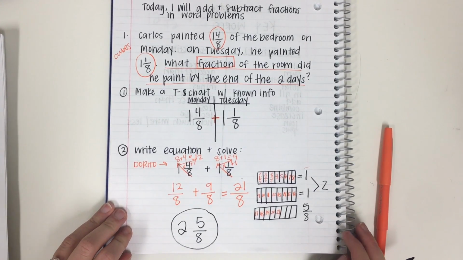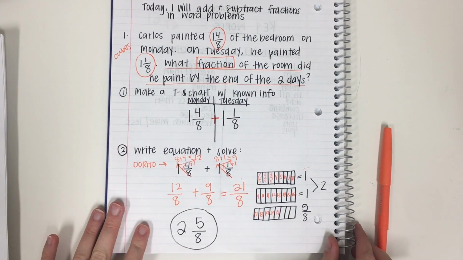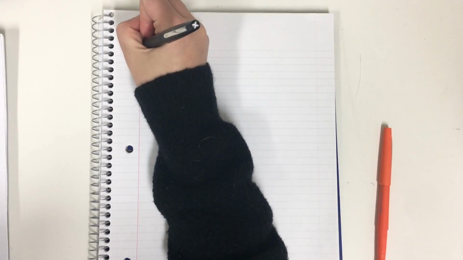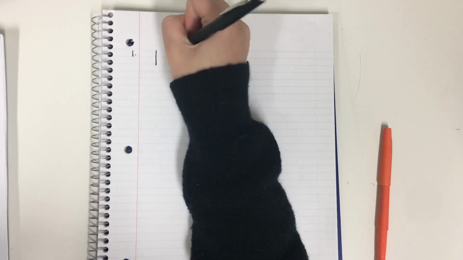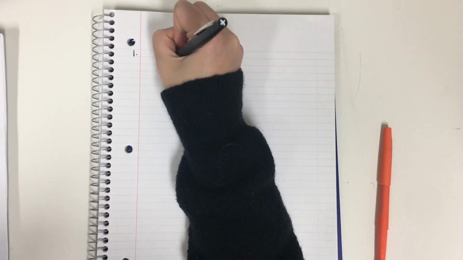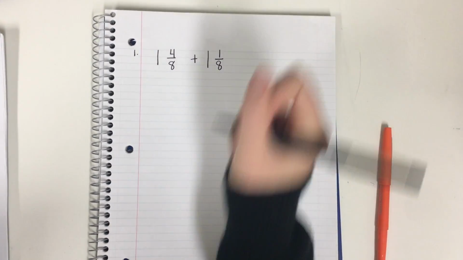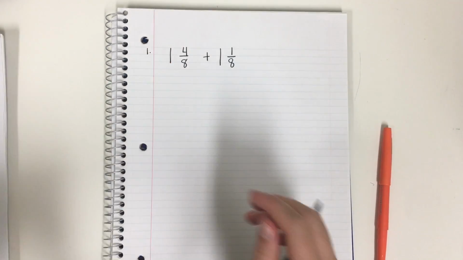Now let's do our commutative property of addition. So I'm going to flip it over. If you have enough space, keep it there. Okay, so I'm going to do it the other way. So we have 1 and 4/8 that needs to be added to 1 and 1/8. So what I need to do is decompose my mixed number.